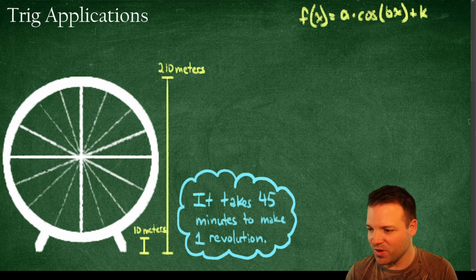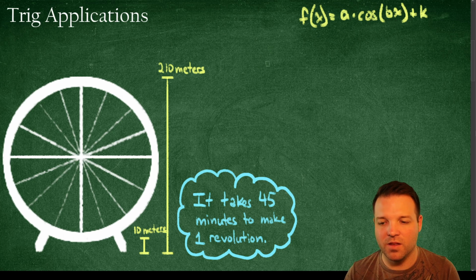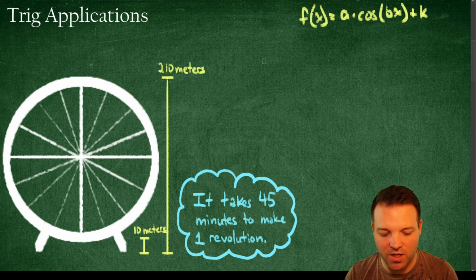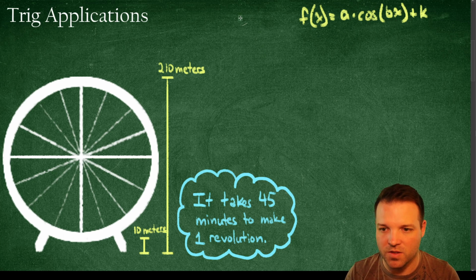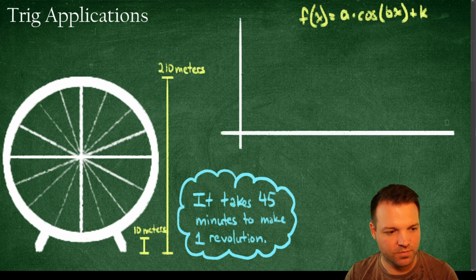Actually, let's pull off our axes. Let's make some more axes here. Because the issue with these axes, let me bring these back up, is that we can go into the negatives, which would mean we're underground, right? And we're not going to go underground for this at all. So let's redo these axes real quick here. So here's my vertical, and here is my horizontal.